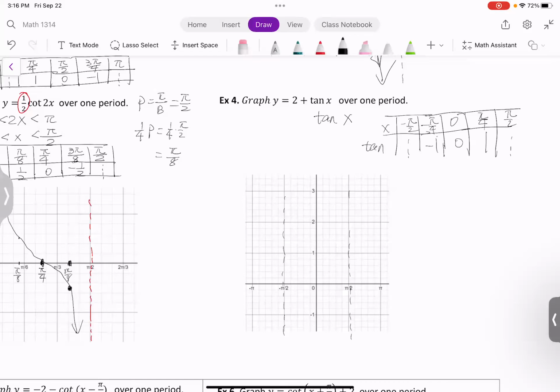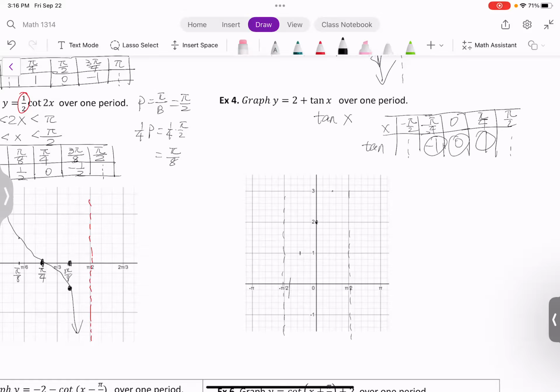Based on this one, add 2 to all the y's values. So -1 plus 2 is 1. So the first key point is 1. And 0 plus 2 is 2, and 1 plus 2 is 3.